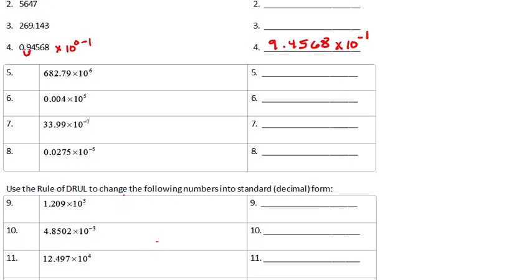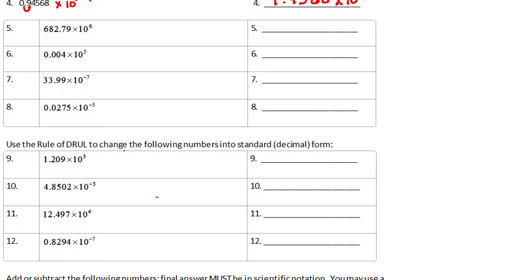Let's look at example number 6. Now I want to convert it the other direction. So I want to turn this into a correct form of scientific notation. That means my decimal has to go here so that I have one digit in front of my decimal place.